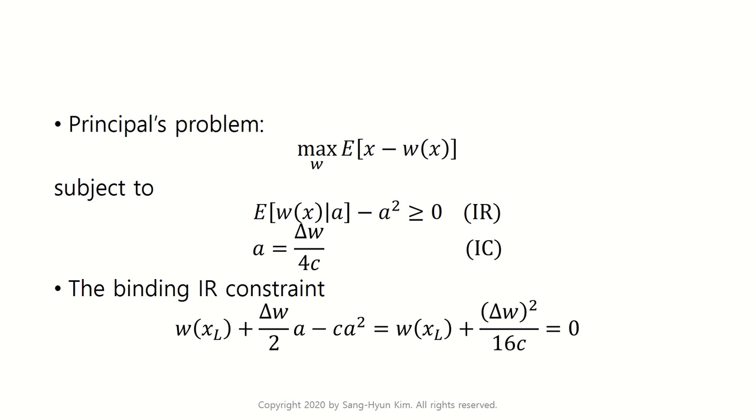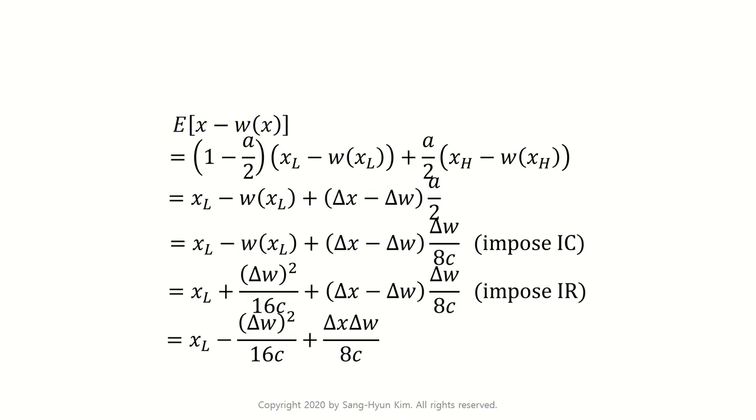So we just eliminated A. So it's just a function of W, right? So this is the expected utility of the agent, and that must be 0. So that's what the binding IR constraint means. So if the IR constraint is binding, then expected utility of the agent must be 0, and this is exactly it. Okay, so binding IR constraint looks like this, and let's move on.